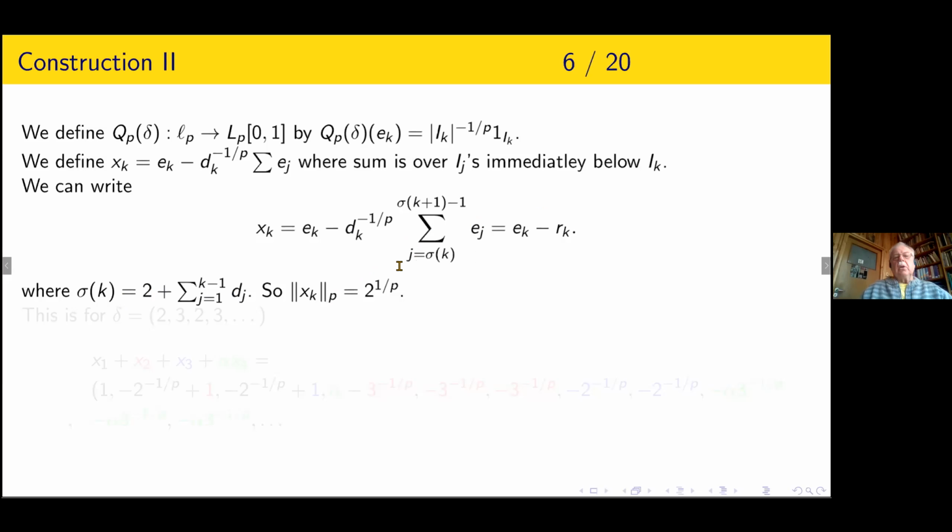Now, if you look at it, hopefully you will realize that those numbers are chosen in such a way that if this e_k goes to one interval, all those intervals below cover this interval here, and this sum, if this was a number, will give the same number, only with the minus. So the operator Q_p will kill this vector. So those vectors are in the kernel.